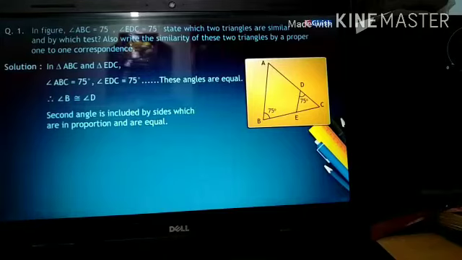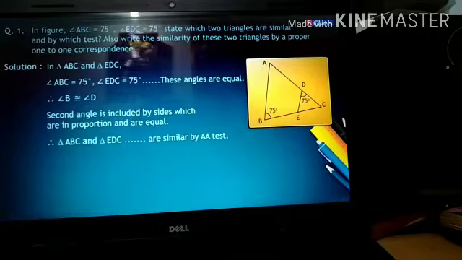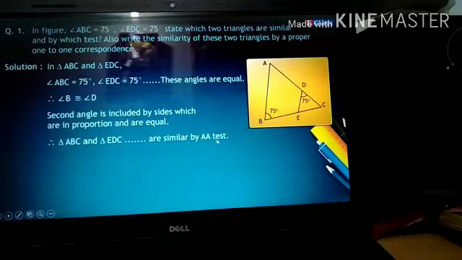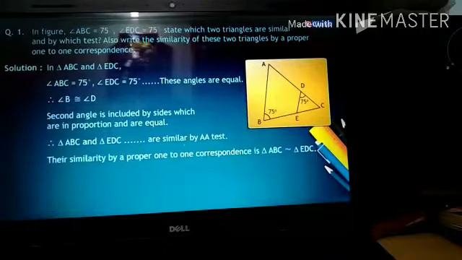So for the given triangles, we have two angles of the first triangle congruent to two angles of the second triangle. Then we can say both the triangles, that is triangle ABC and triangle EDC, are similar by AA test. Now let us write the correspondence.